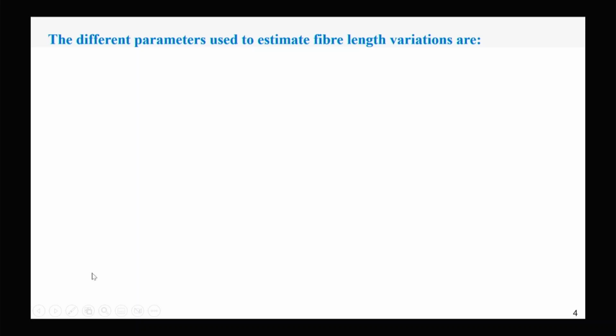So in addition to the fiber length characteristics, length parameter, like what is the mean length, in case of natural fiber, fibers are not of the same length. In a particular cotton tuft, if we see, the fibers are a mixture of longer fibers and shorter fibers.